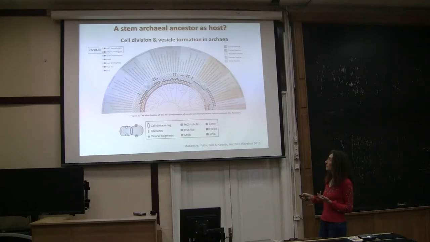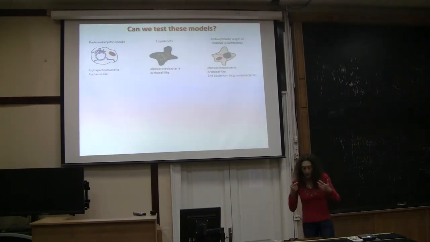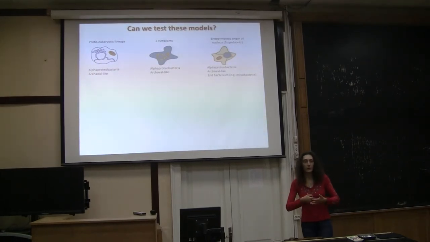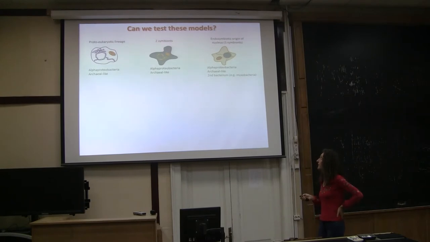So by improving the taxon sampling, they see that these genes are present in other Archaea, except that they have been lost in many others. So that's another proposal. So now we have more or less reviewed the different types of models.